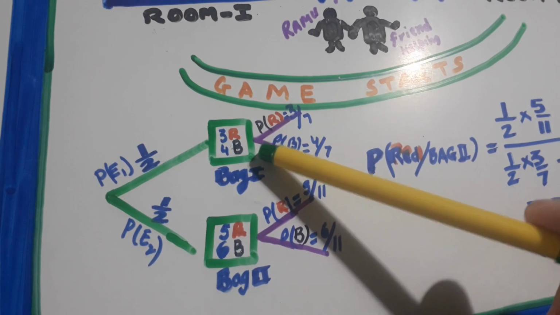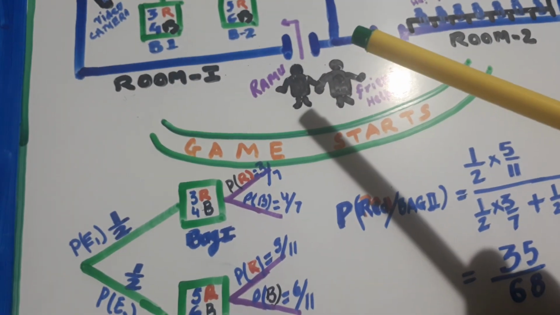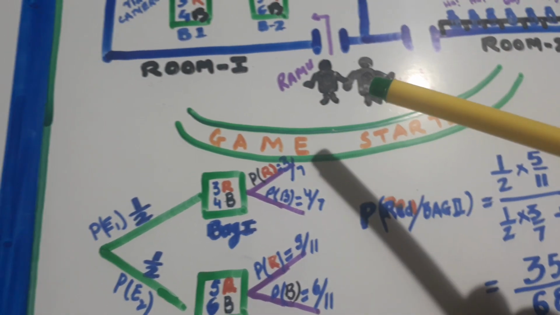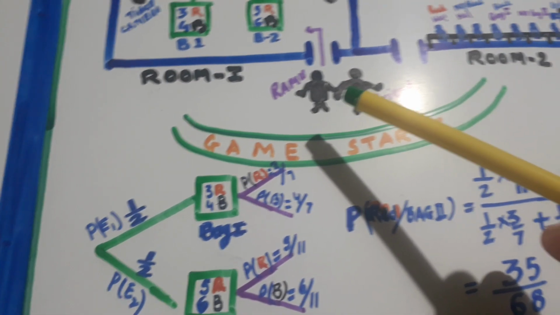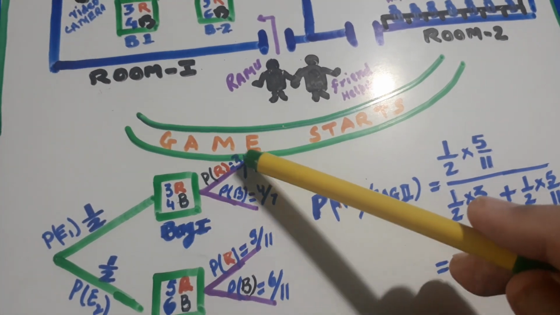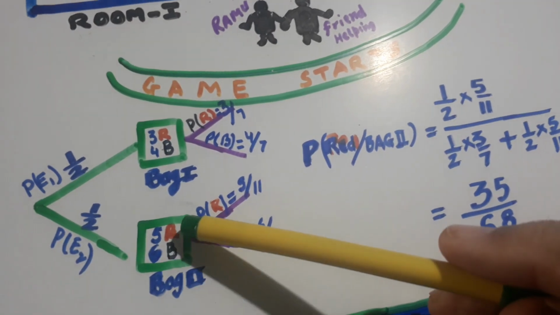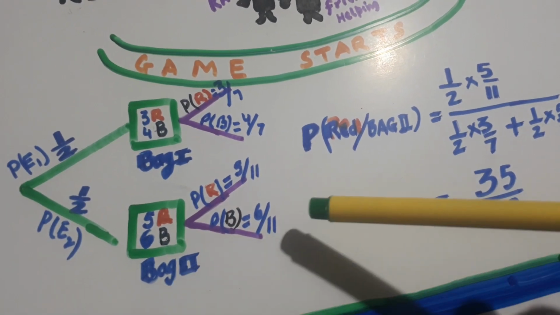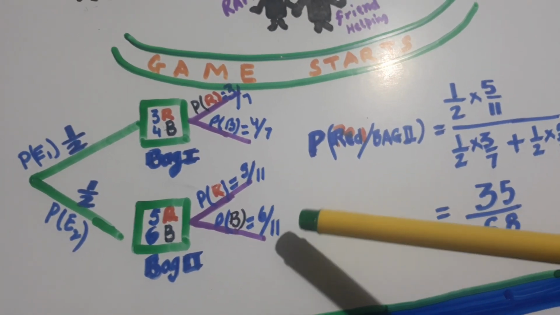Now, when he has gone inside, he has brought a ball. So, it is red in color. So, probability of red is 3 by 7 here. And probability of black is this. Probability of red is 5 by 11. And probability of black is 6 by 11.